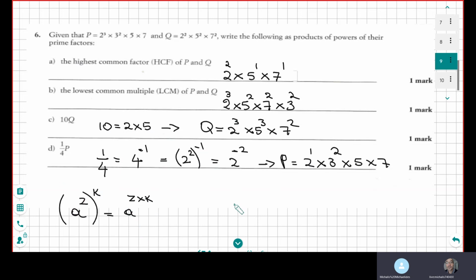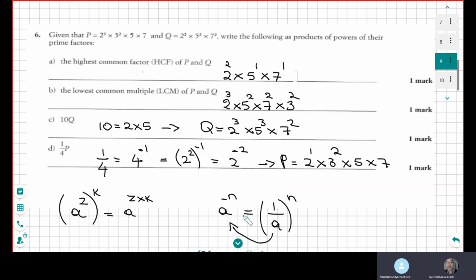And also another rule is a negative power. If I have a negative power, then I find the reciprocal of the number, and then I raise this to a positive power. And the opposite, I can also do the opposite and make a reciprocal into a negative power. So the 1 over a is the reciprocal of the a.